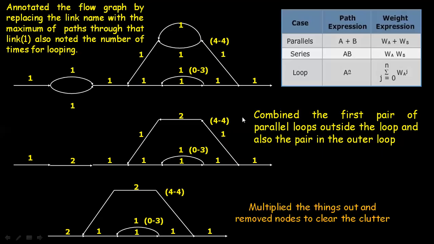This is the procedure we follow for reducing the number of nodes. Here also we try to reduce the flow graph by removing nodes one by one, the same thing but with a different notation.